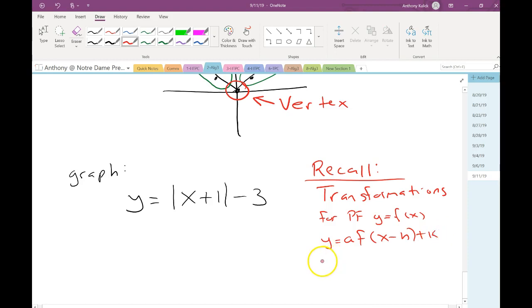And that we can transform our point from the parent function to the new transformed location by using this transformation map. So these are going to be the two main tools that I'm going to use to do one of these graphing problems.